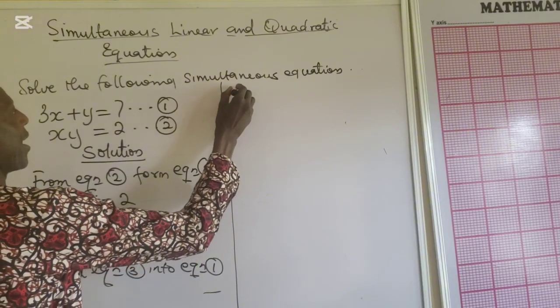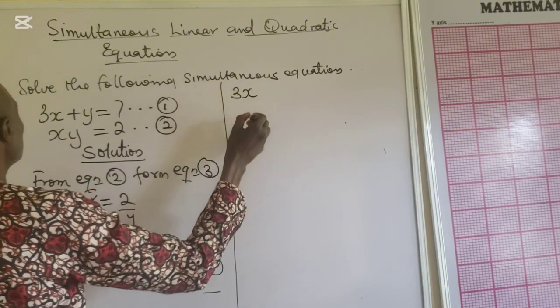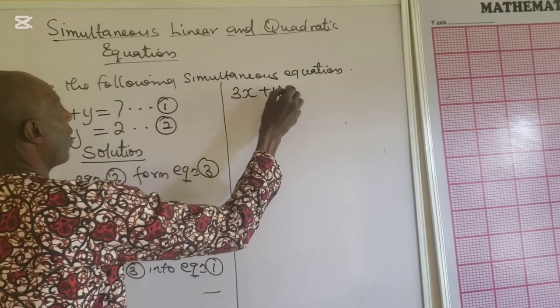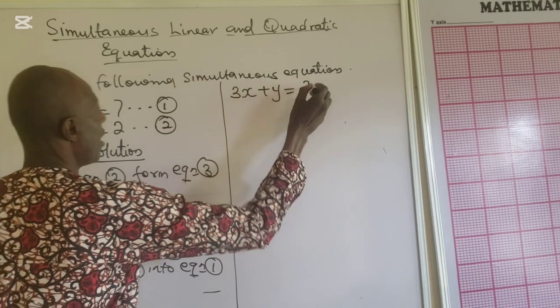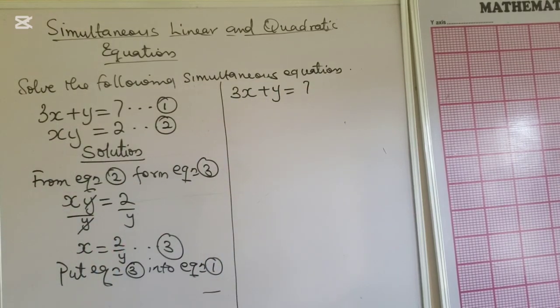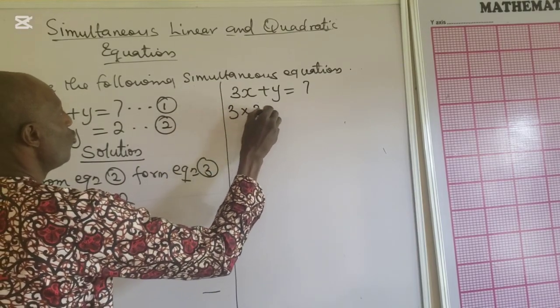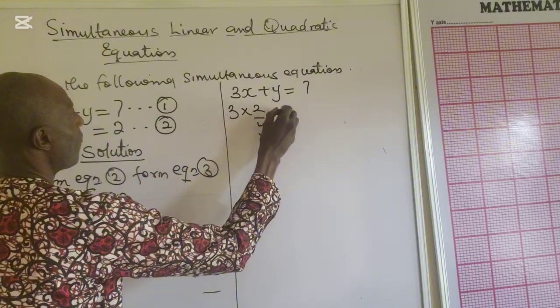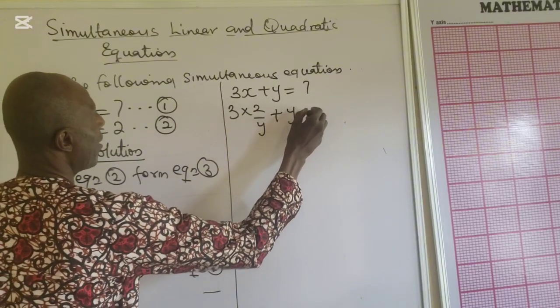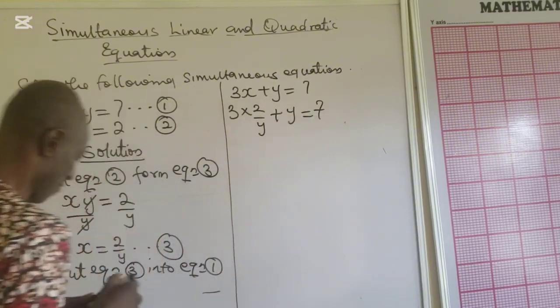It said 3x plus y is equal to 7. And what is x here? It is 2 over y. So anywhere I see x, I will put 2 over y. So here is 3 times 2 over y plus y is equal to 7.